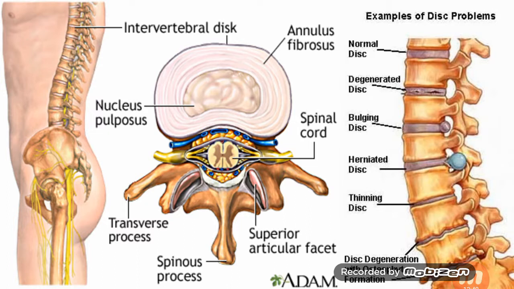This protrusion presses the spinal cord or the spinal nerve, which produces very severe pain or even destruction of these nervous structures. Slipped disc is misleading as it is not the whole disc that slides out of position.